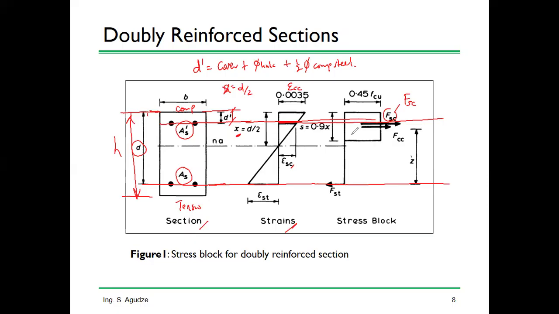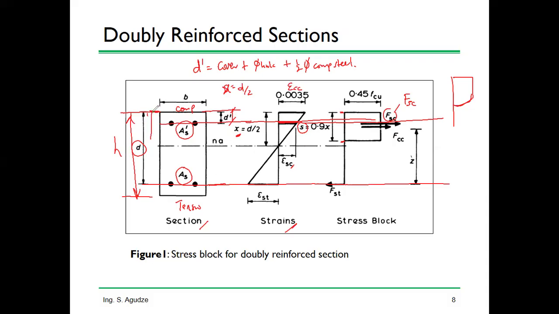Now, we learned about simplified stress block, and we said instead of the parabolic stress block, it has been converted into a simple rectangle. And the height of the simplified stress block is the S, which is equal to 0.9x, right? So the force in steel in compression passes through the centroid of the compressive steel, and that for FST passes through the tensile force in the steel in tension.